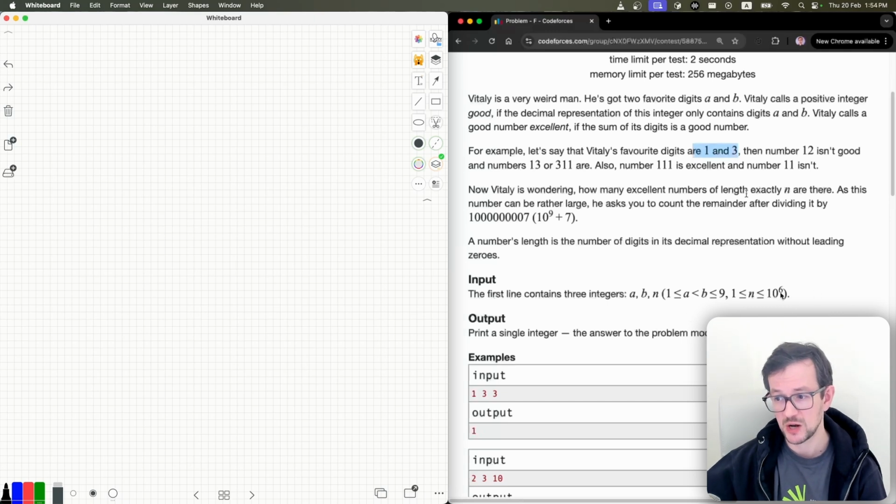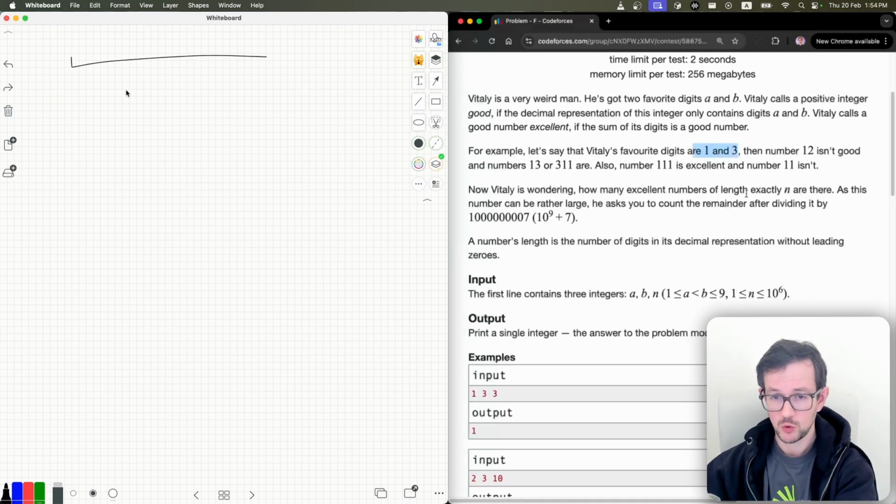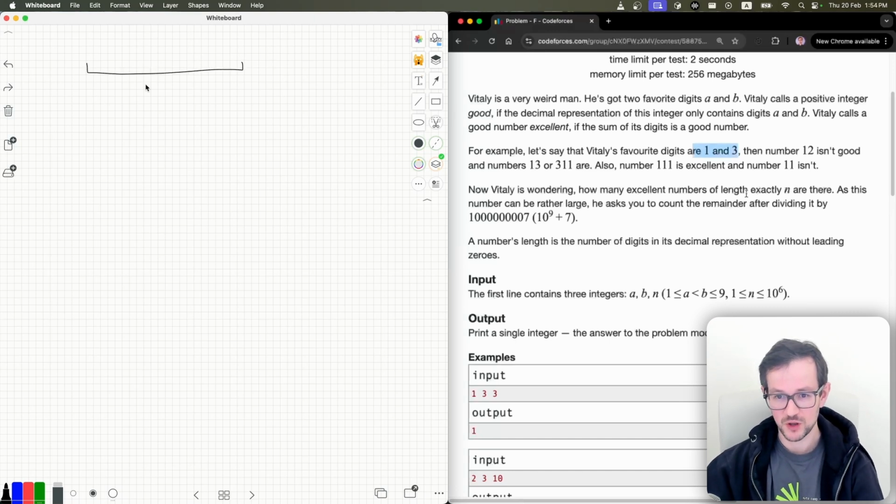So you can iterate once over all numbers up to n. You're looking for numbers of size n which consist of digits a and b, in some order, and you need the sum of these digits to be a good number.